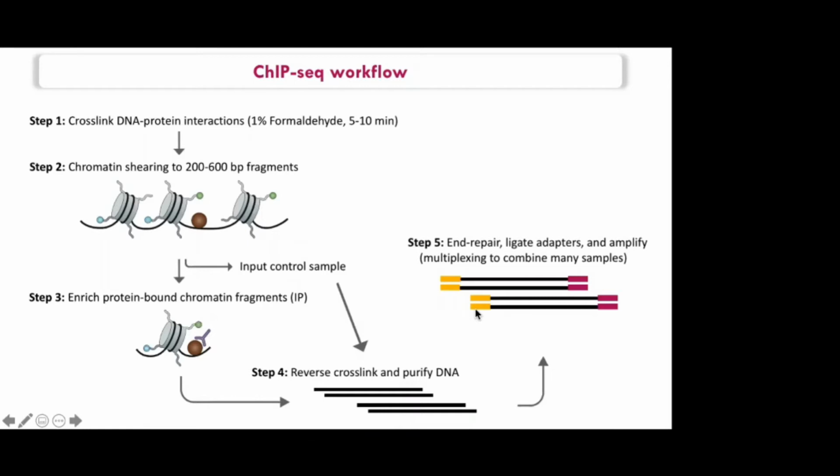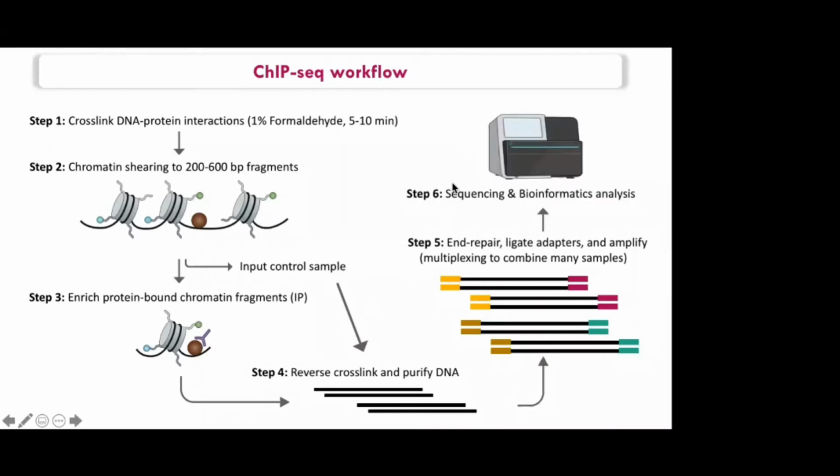You add adapters so that it's easy to sequence them, and also you amplify the library. The great thing about library preparation is that you could use different sets of barcodes so that you could multiplex different libraries and sequence them together. Then eventually you send them for sequencing, and the fun part is the bioinformatics analysis.